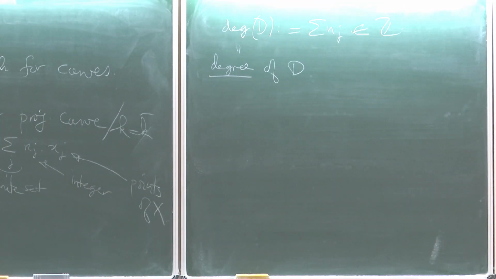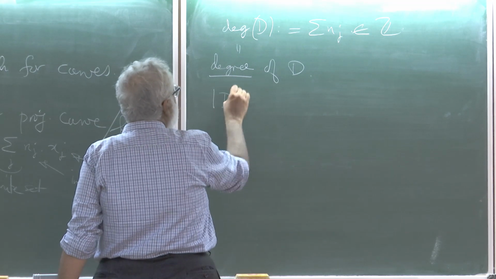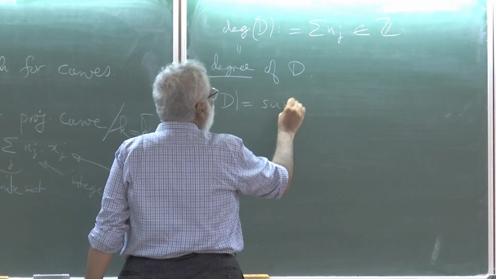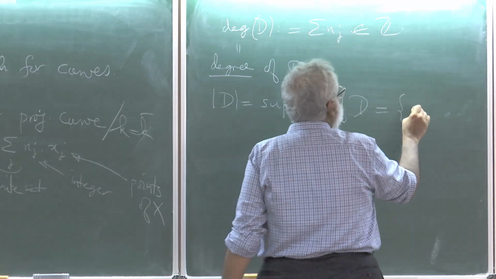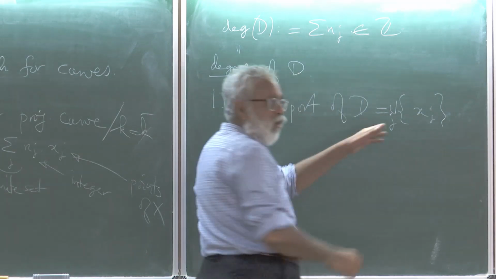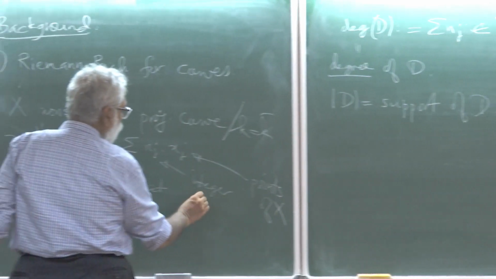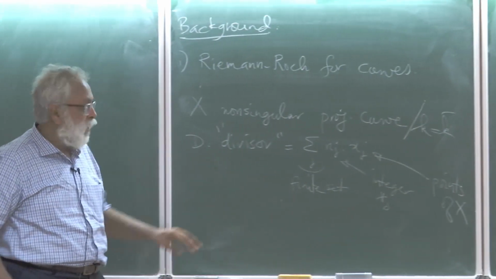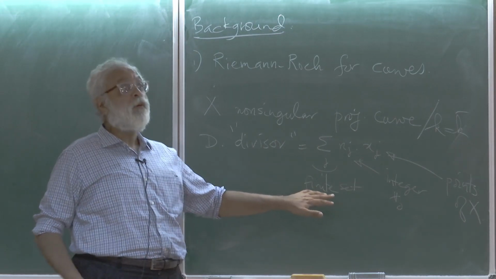Then another thing I have associated to the divisor is what's called its support, which is just all the points x_j which appear here, where n_j is not equal to 0. To be very pedantic about it, the finite set could have been the empty set.